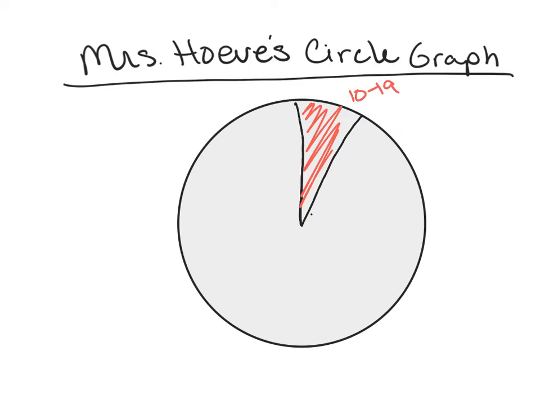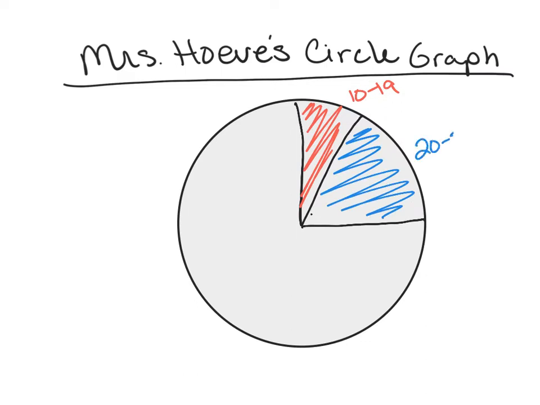Then I'm going to do my 20 to 29-year-olds, which gave me another 54 degrees, which added to the 36 puts me at exactly 90 degrees, kind of makes that nice. So that is my 20 to 29-year-olds.